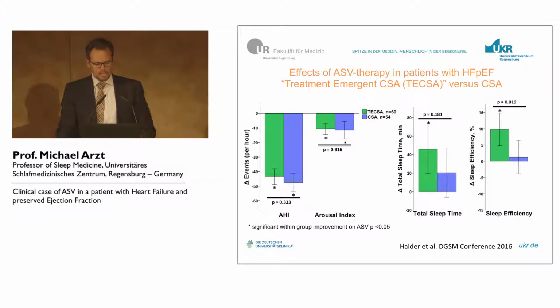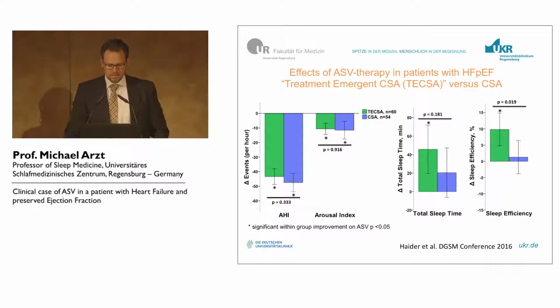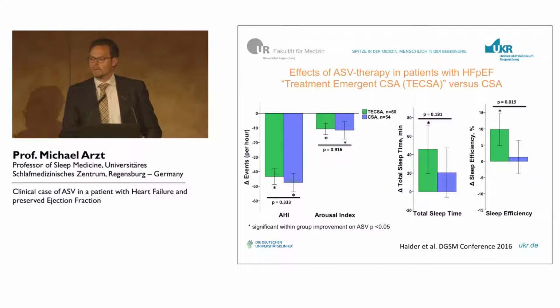So the green ones are the treatment emergent ones, so first PSG obstructive sleep apnea, and the blue ones CSA from the beginning. So in both groups there is a significant AHI reduction and also significant reduction of sleep fragmentation, arousal index, but it was similar between groups.